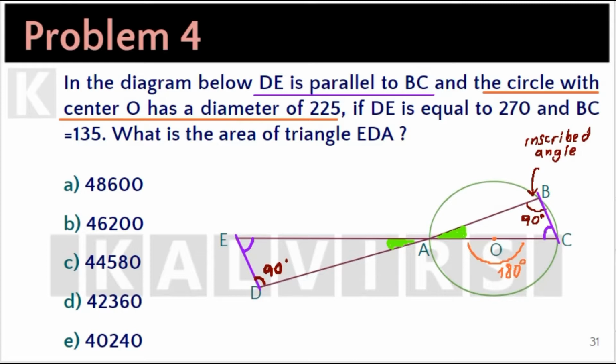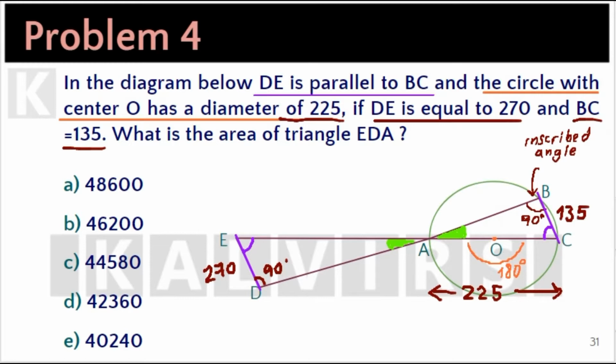We know that the diameter has a length of 225. We also know that DE is 270 and BC is 135.